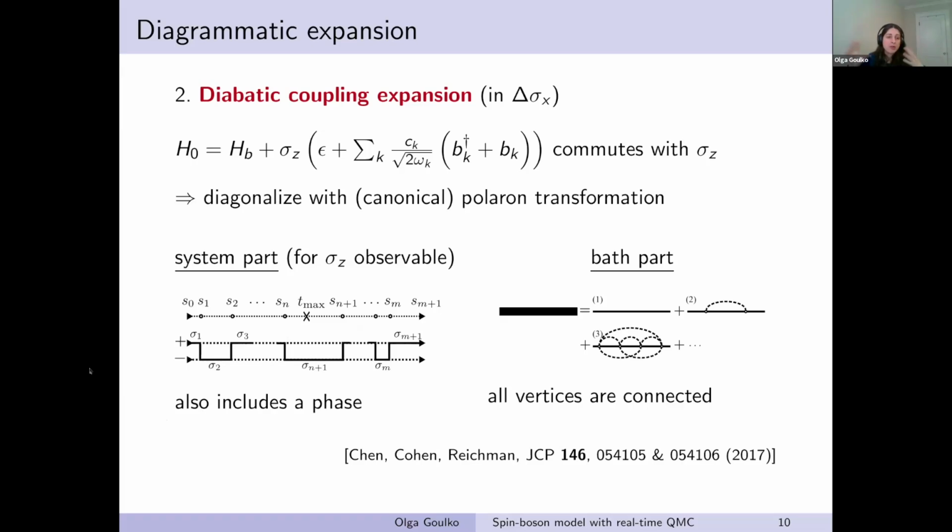So our sigma x simply flips between the sigma z eigenstates of the system. And because of our initial condition, we need to start and end in the same state. So if our observable is sigma z, we can only have an even number of sigma x insertions. The bath, on the other hand, is a bit more complicated. Now it becomes a multi-time correlation function of bath operators.